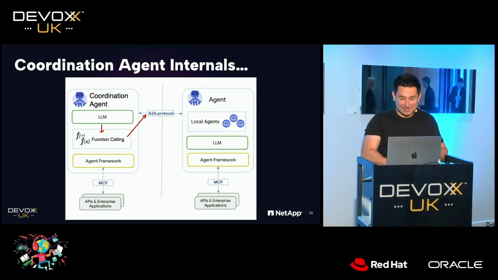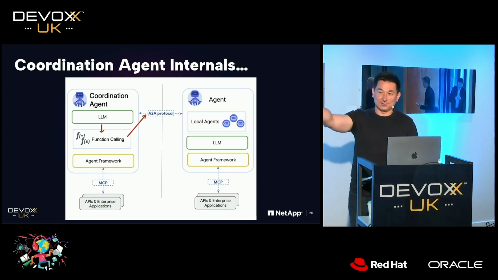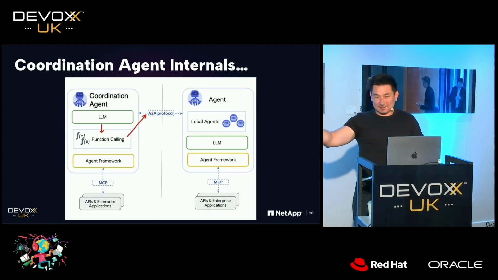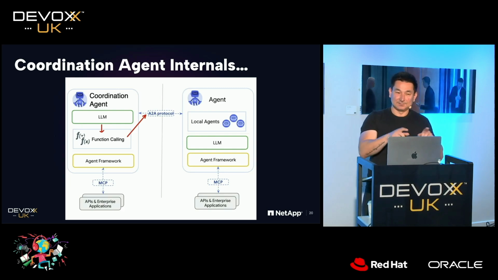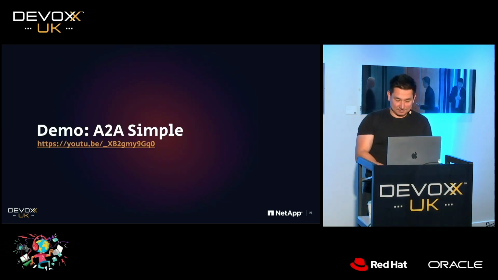This function call actually happens to be hooked up to the agent-to-agent protocol, which then sends the request over to that question and answer agent. It does its thing, and then gets the answer back through that function call, through agent-to-agent protocol, through the function call, back to the LLM. And so that's how I've chosen to implement this coordination agent in this demo.